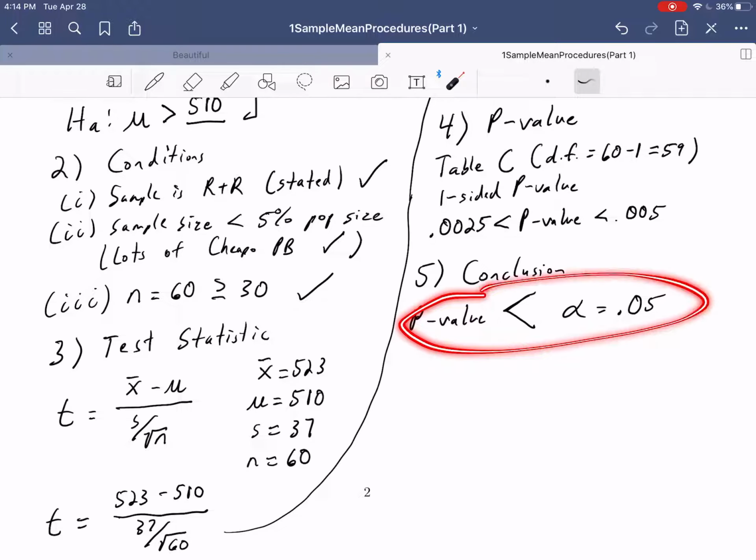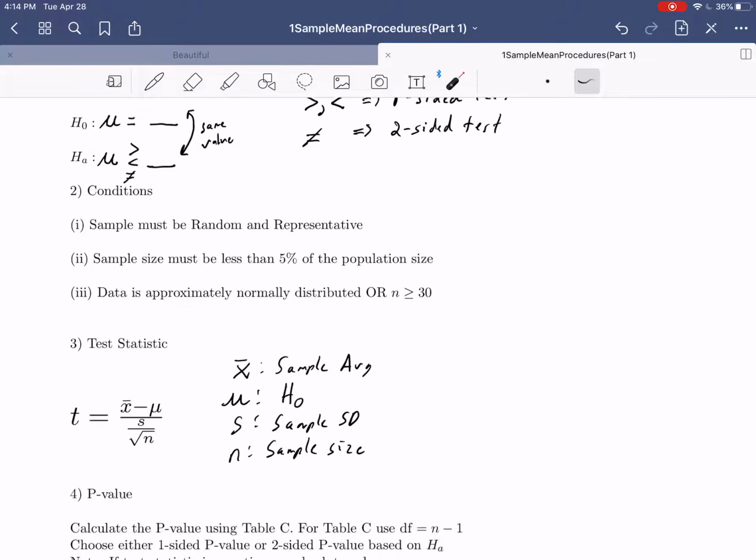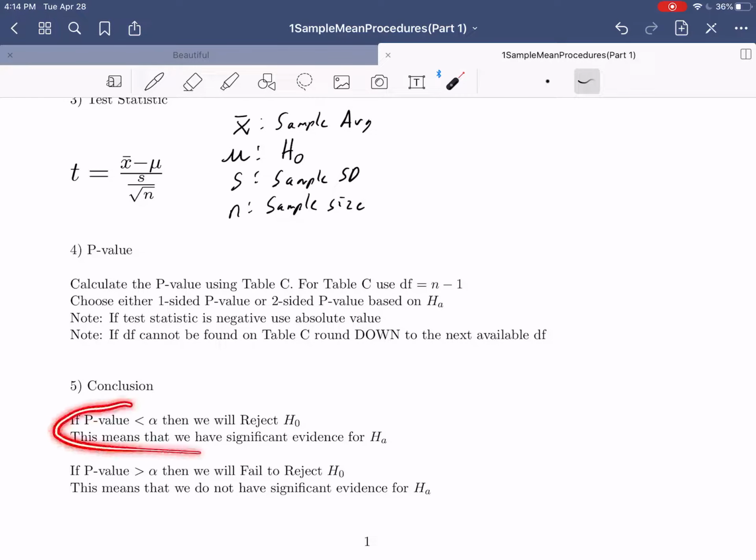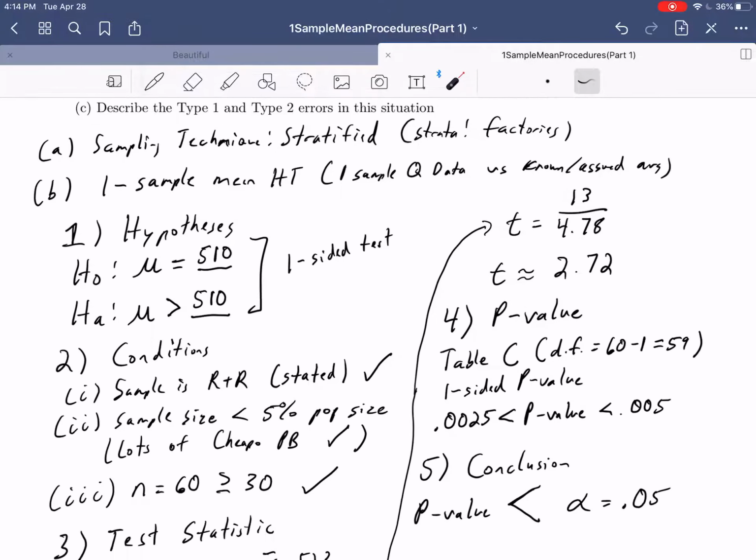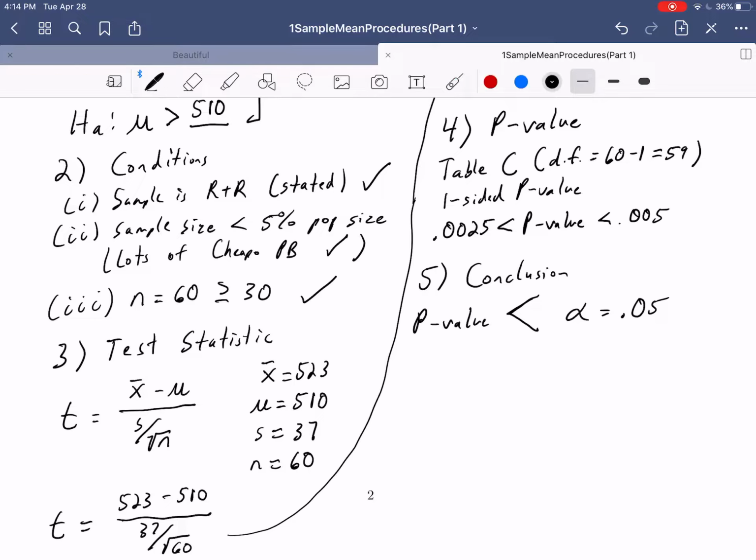What conclusion do we make when the p-value is less than the alpha? Well, if you go back and look at our little step 5 here, if the p-value is less than alpha, we reject H0 and we have significant evidence for HA. So we would finish this thing up by saying reject H0.